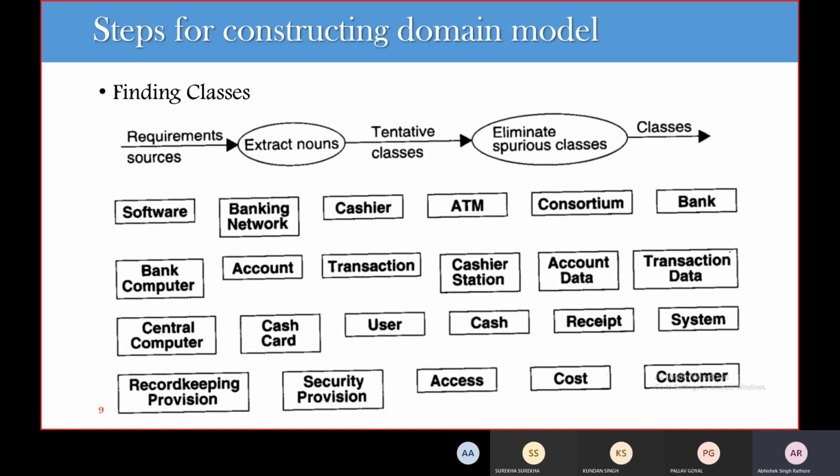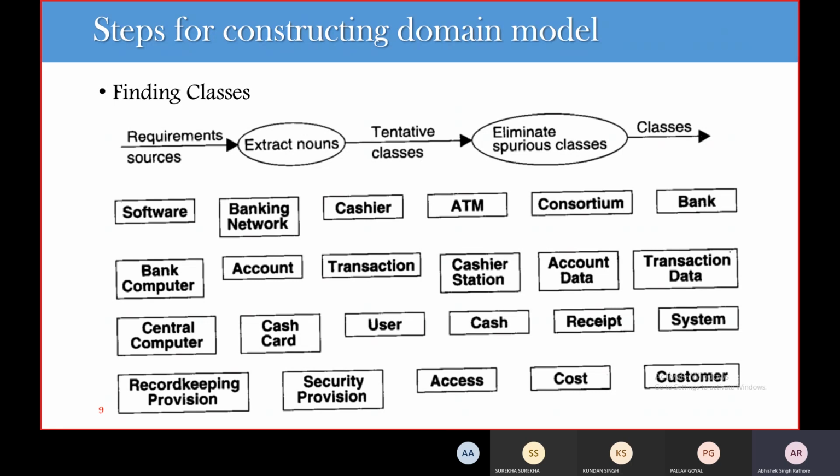Let's say, for example, a reservation system. For a reservation system, we have to sell some tickets, like for your railways, or we can go for a theater, let's consider the theater.